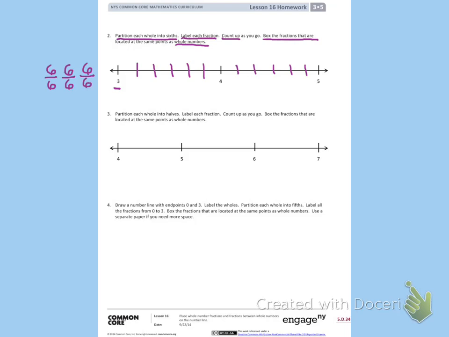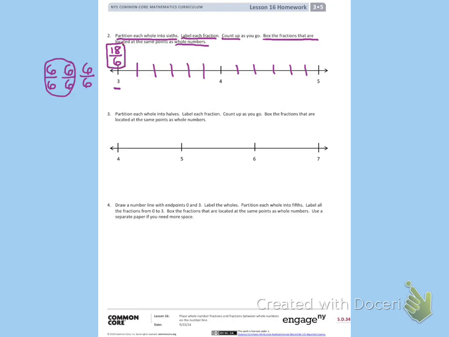So 6 and 6 is 12. So this is 12 sixths. And another 6 is 18 sixths. So 18 sixths is the same thing as 3 wholes. So I better box it.